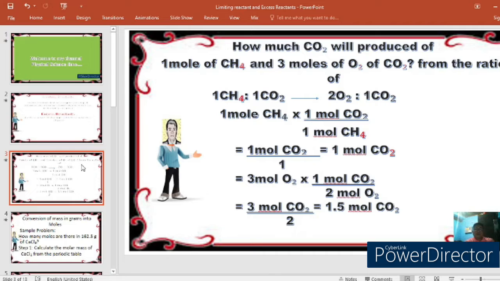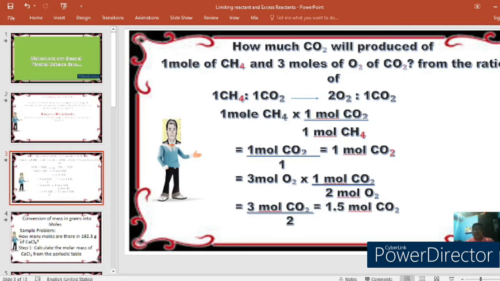Next, 1 mole of CH4 times 1 mole CO2 over 1 mole of CH4. So we get 1 mole from the coefficient of CH4, and we also get 1 mole of CO2 from the coefficient of CO2, which is 1, divided by 1 mole of CH4.